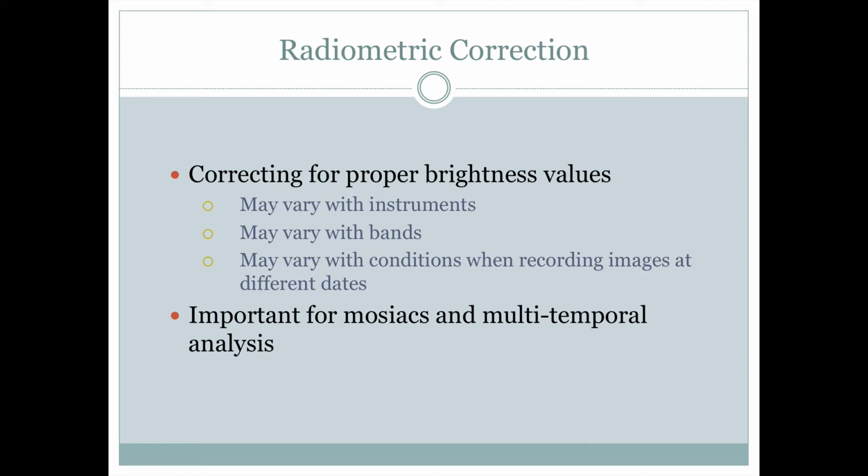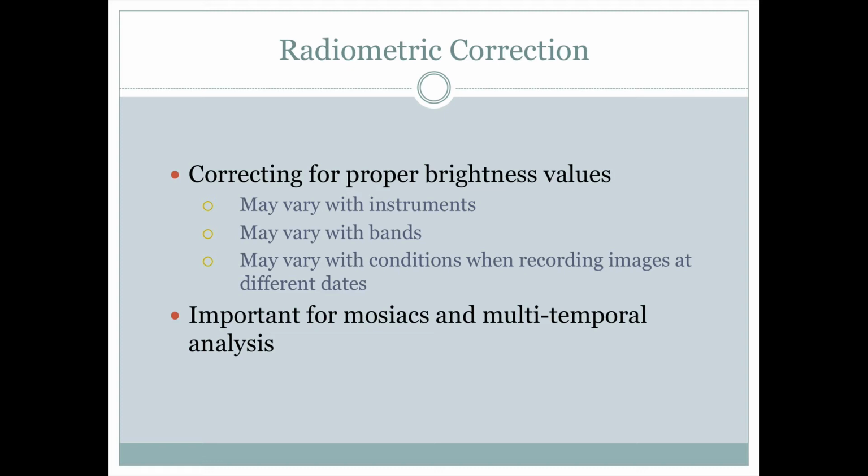It can also vary with the conditions when the recording of the image took place. And this is especially important if two different images were recorded on two different dates. It might be important to match the brightness values before those two images can be worked with together.